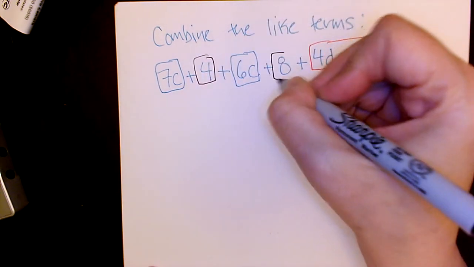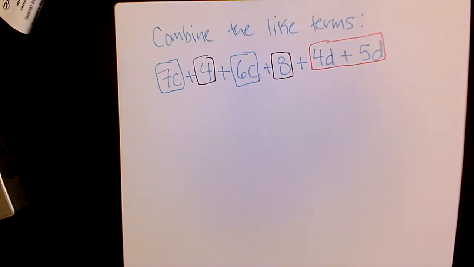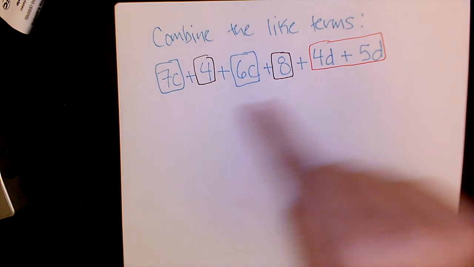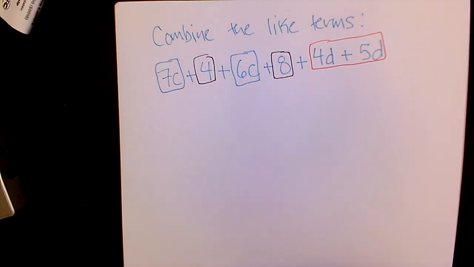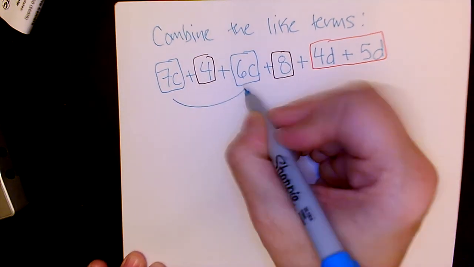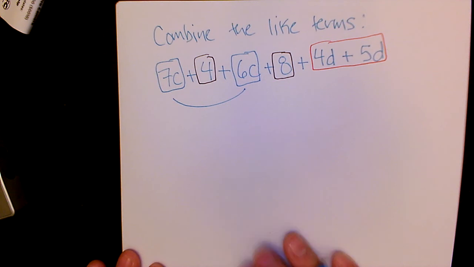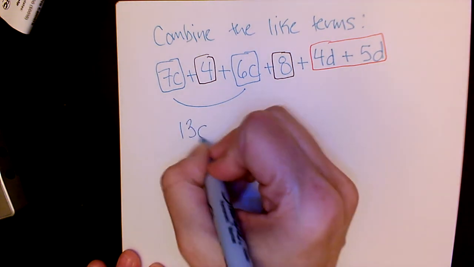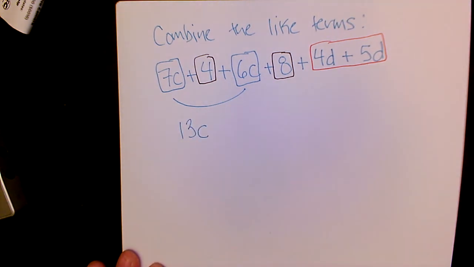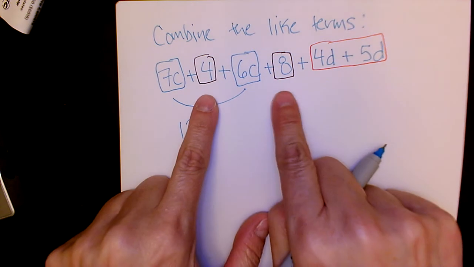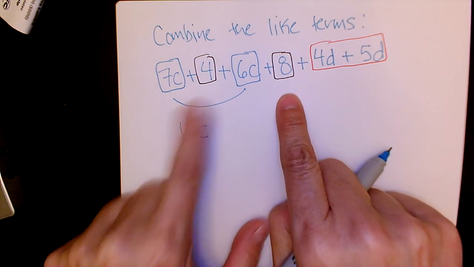So I'm just boxing in the ones that match up. I'm going to start with the C's, but you can start wherever you want. What's 7C and 6C? That's 13C. I've got a 4 and an 8, both numbers. They're like terms.